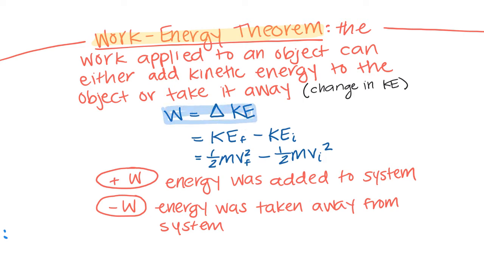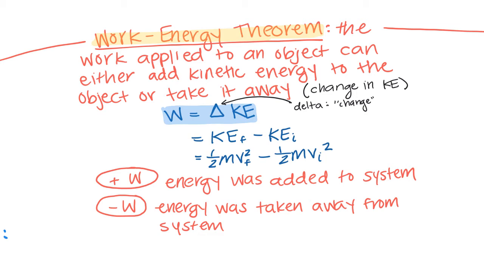So the amount of work applied to an object, the amount of work done on or by an object is equal to the change in kinetic energy of that object. So you all have seen this sign before. You know, I told y'all this was going to keep coming back. All right, remember that's our delta, our Greek letter delta, which means change.